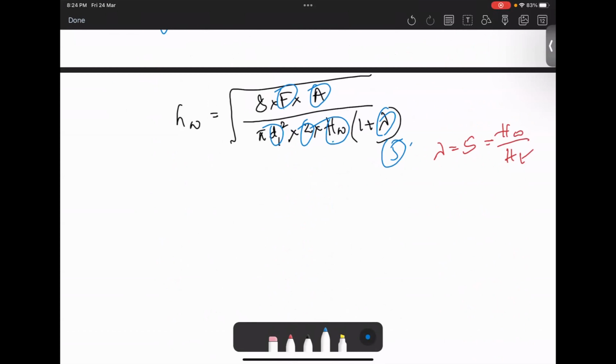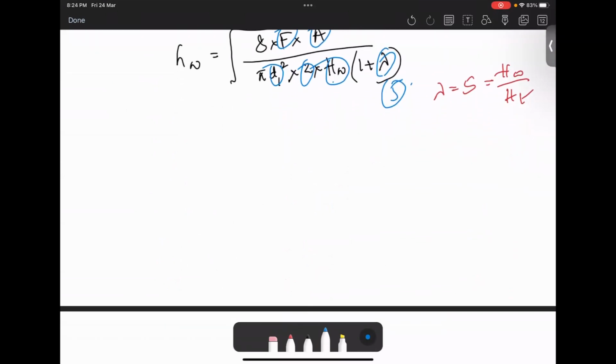Okay. Now, once we have found out HW, there is a particular indentation of the grain into the workpiece. So you can find out the total MRR in this case.